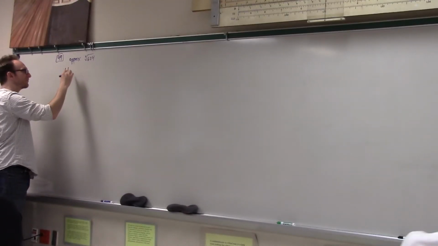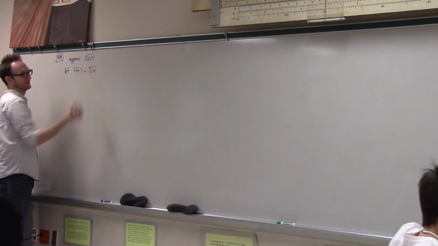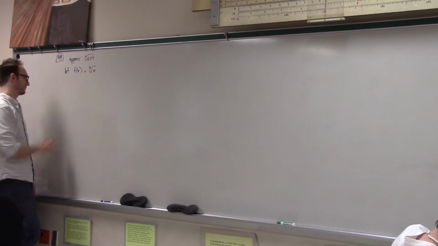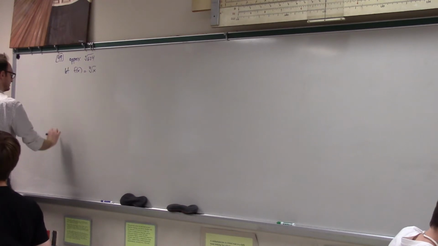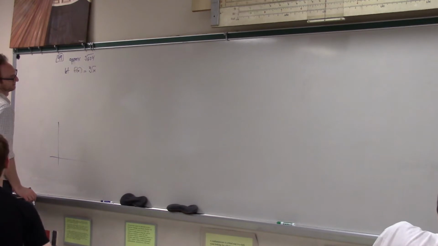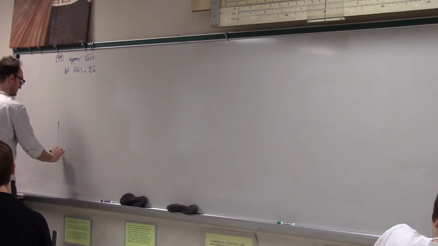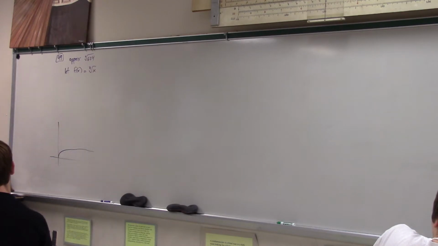So let f of x be the fourth root of x function. And we know what that looks like. What does it look like? Yeah, looks kind of like the square root, but more slowly increasing.